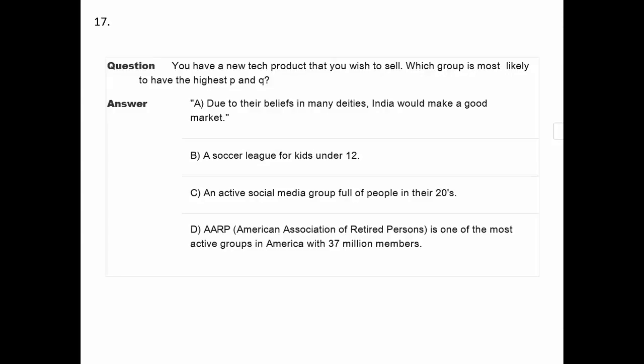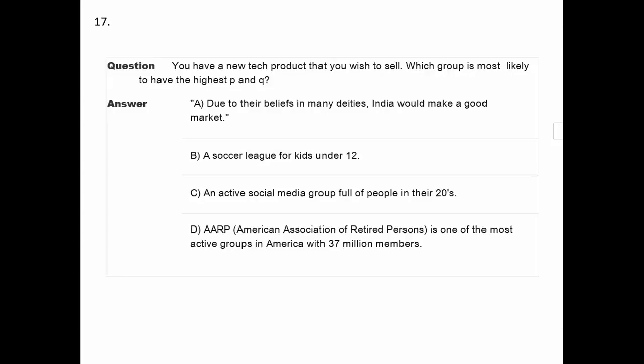Anyway, an active social media group full of people in their 20s. That's a good candidate because, first of all, active social media group, what does that tell you? High Q, right? They're willing to be part of networks. High P, people in their 20s. Younger people tend to try things more, and that's what I talked about in the lecture. I gave an example of teenagers.